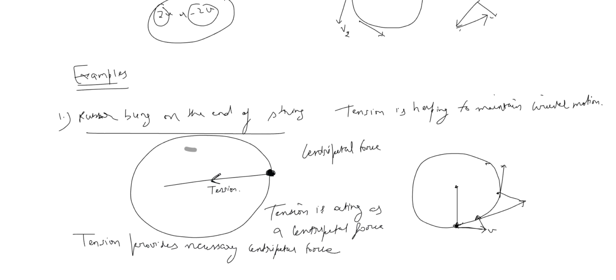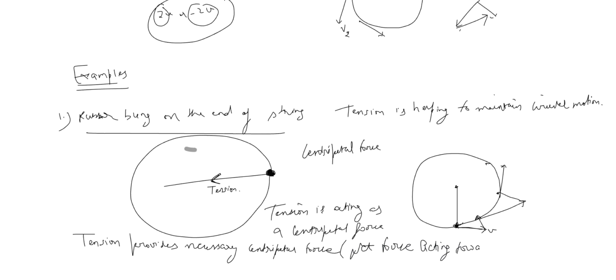Whenever there is circular motion, when we are talking about centripetal force, there must be a force that acts as the centripetal force. And what is that force? That force is always the net force. Centripetal force is the net force acting towards the center.